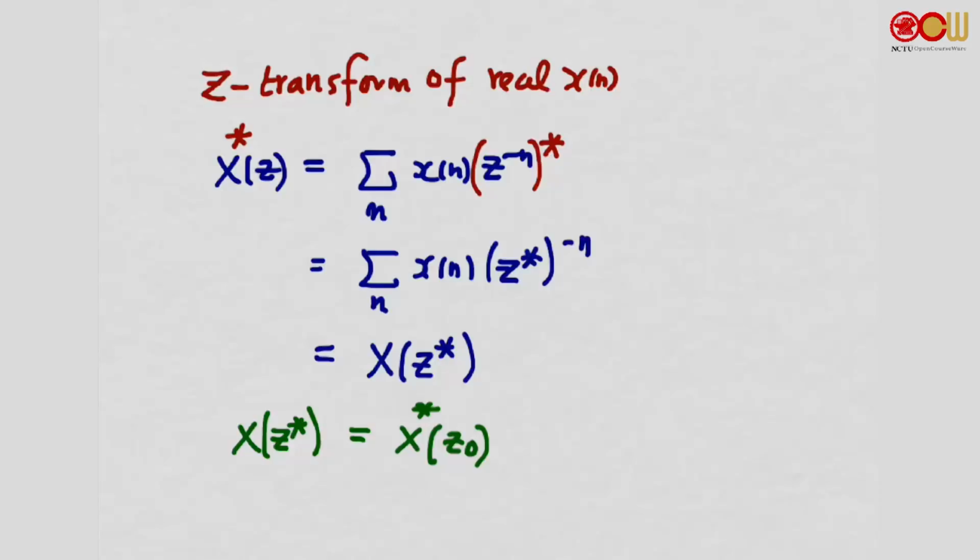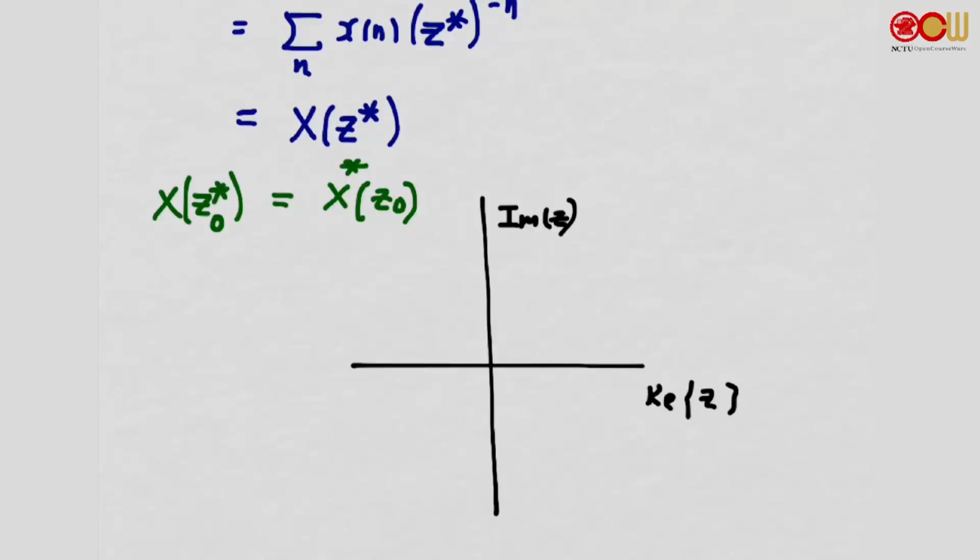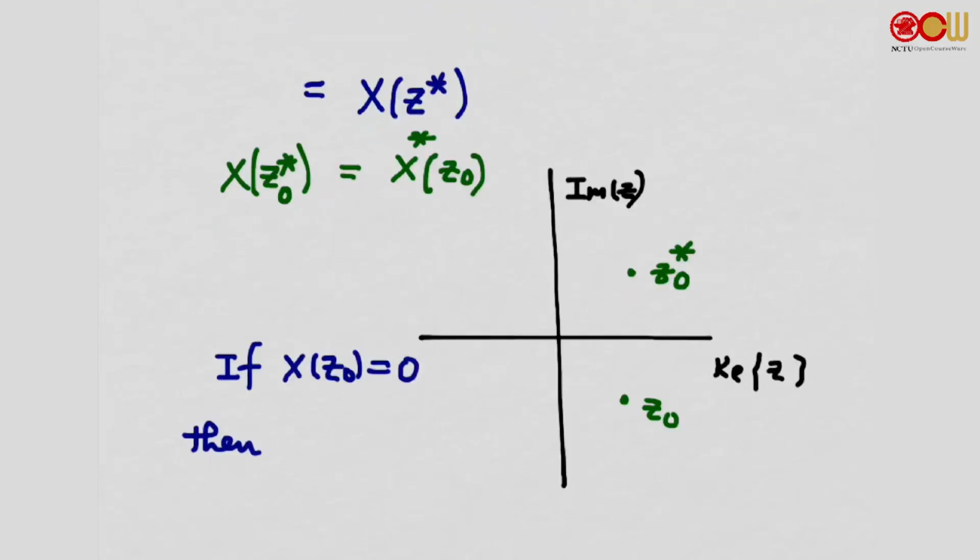So the conclusion is that the Z-transform of x at z conjugate is X(z) conjugate. What does this mean? If this is z0 here, then where is z0 conjugate? It will be here. And the values of X at these two points are complex conjugates of each other. In particular, if z0 is a zero of X, so X(z0) is equal to 0, then we know X(z0 conjugate), whose value is the conjugate of X(z0), would also be 0.